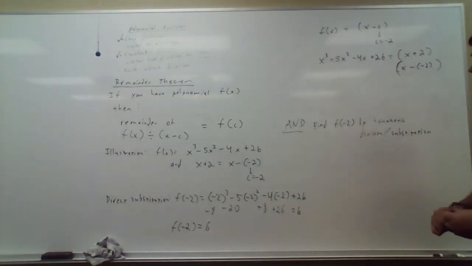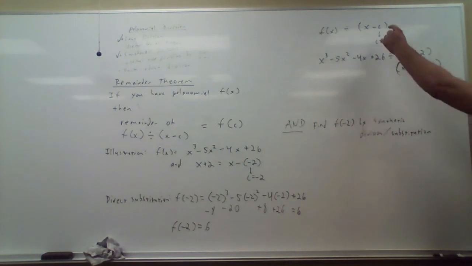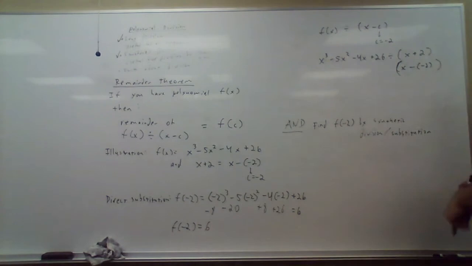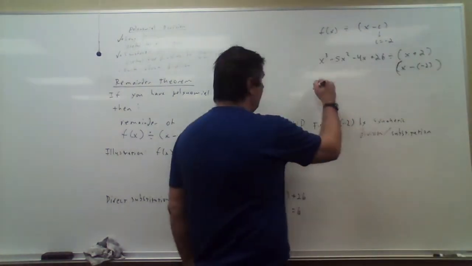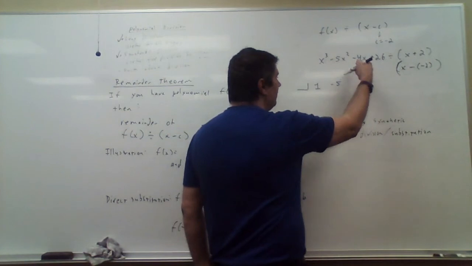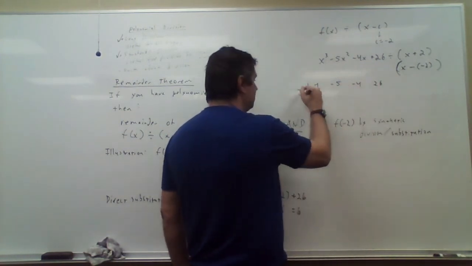Now, watch what happens if I do a polynomial division problem involving x minus negative 2, which is the same as dividing by x plus 2. So we have box 1, negative 5, negative 4, and 26.